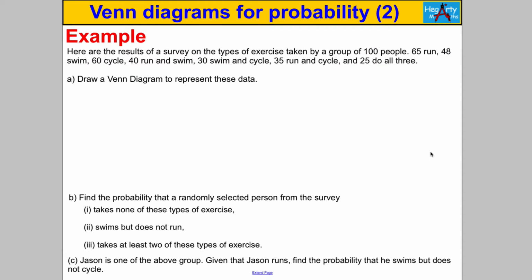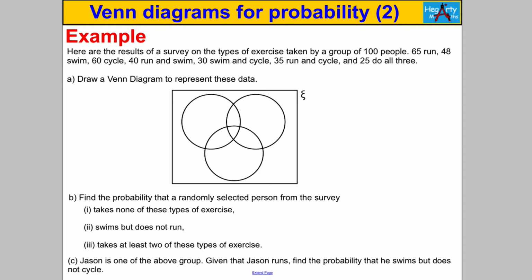Let's get straight on and pause the video, try this question. So, going through this, what's slightly more difficult about this question is that there seem to be three categories. People run, swim, cycle, or they can do any combination of each of those. So, there are three things going on. So, when we draw our Venn diagram, let's draw a Venn diagram with three circles.